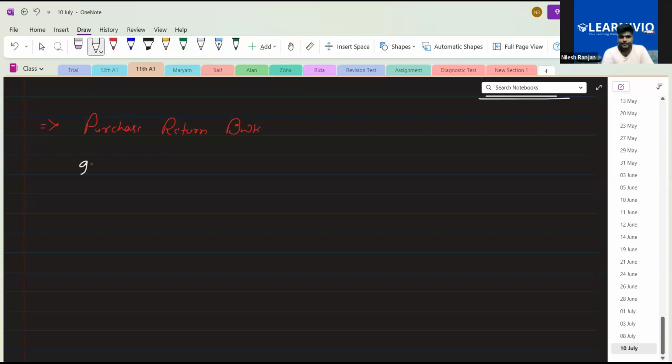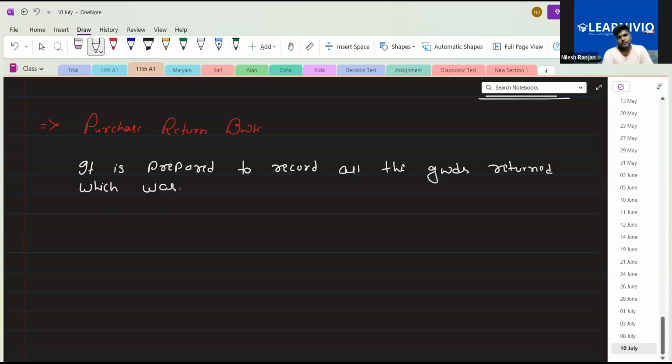So it is prepared to record all the goods returned which was originally purchased on credit basis.